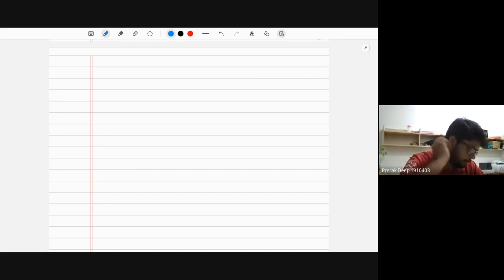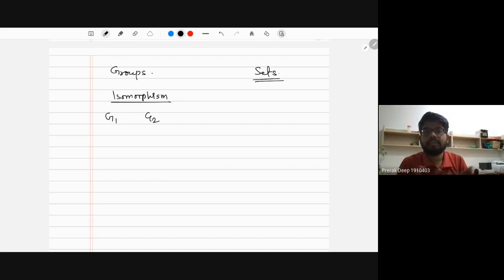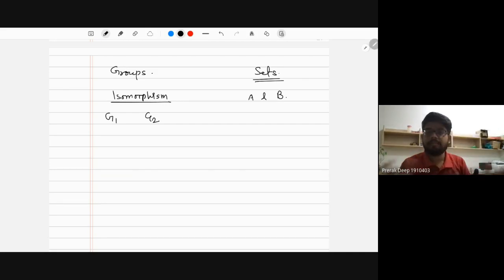So when you have groups, we talk about isomorphisms. And what does isomorphism say? Isomorphism says that two groups are the same. So how do you say it when you have sets? When you have sets, how do you say that two sets A and B have the same number of elements, or that we are considering them the same thing?